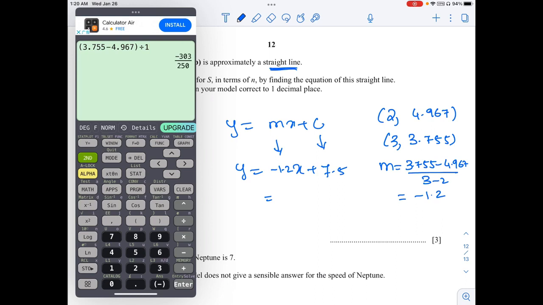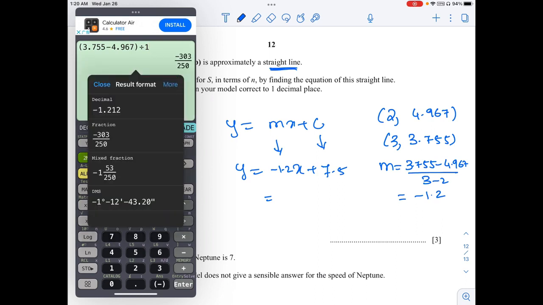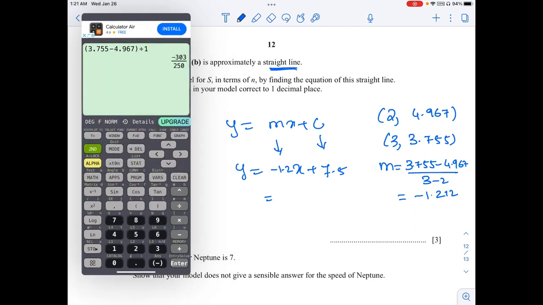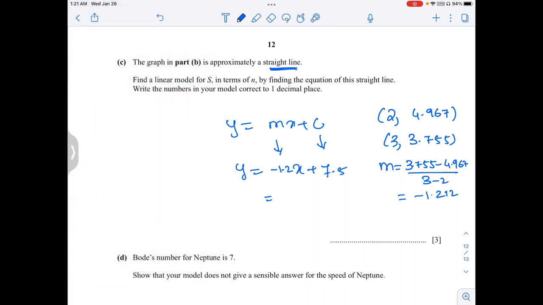So I get the answer, negative 1.212. So that's a straight line. Write it out neatly: y equal to negative 1.21x plus 7.5.